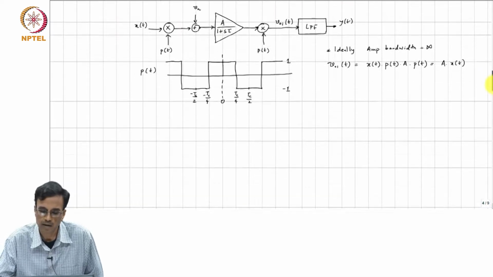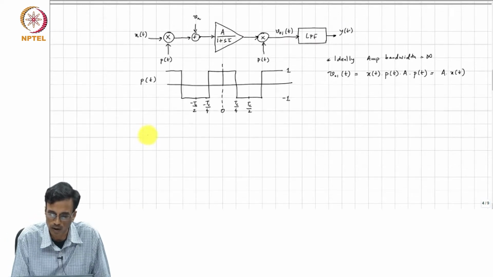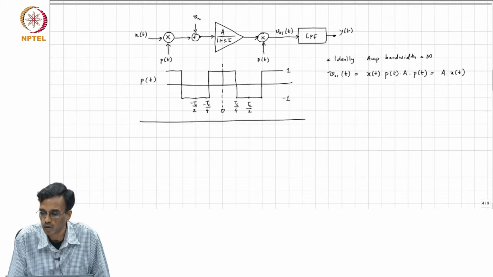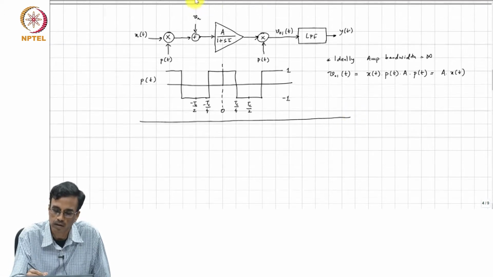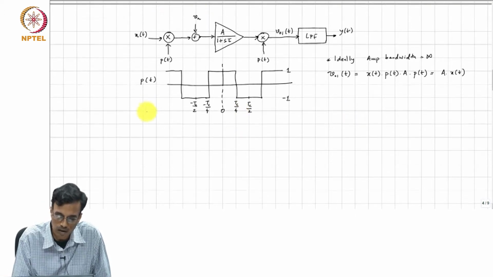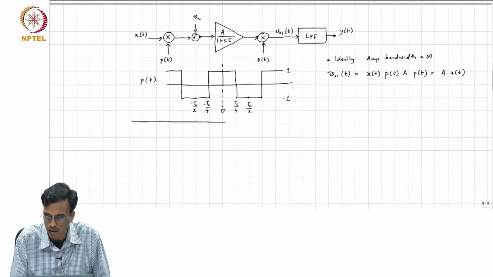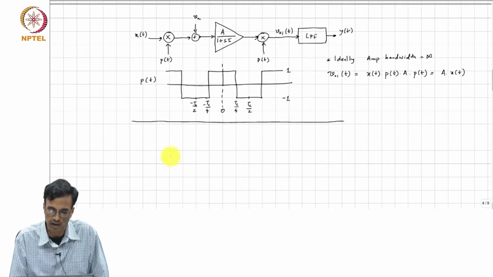So, again we go back to our original signal flow graph. Now, it is time to draw the adjoint.